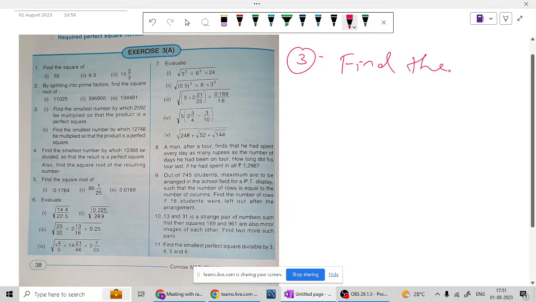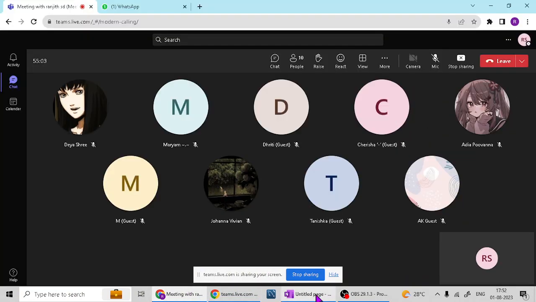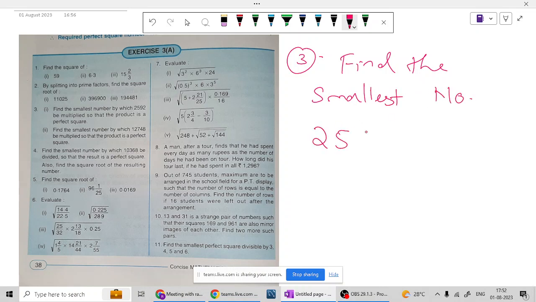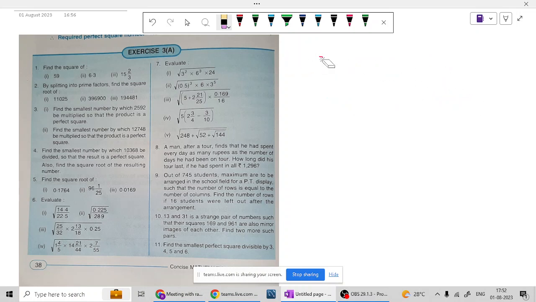Find the smallest number by which 2595 must be multiplied so that the product is a perfect square. Find the smallest number by which this number has to be multiplied so that the product is a perfect square. What do you mean by perfect square? A perfect square will have how many same numbers? What is a perfect square?